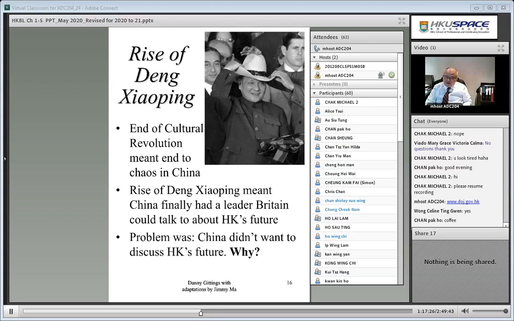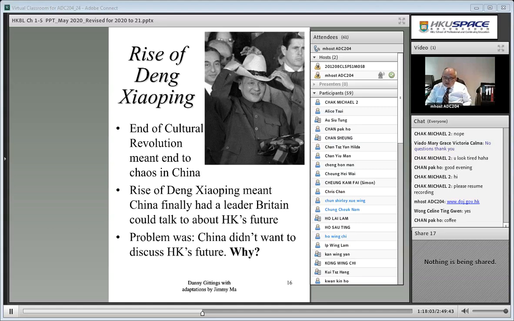With Deng Xiaoping, he came back to power after the Cultural Revolution, and therefore objectively, there was someone that the British government could actually find as a counterpart to start negotiation.